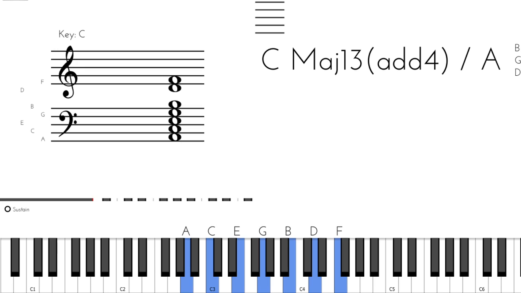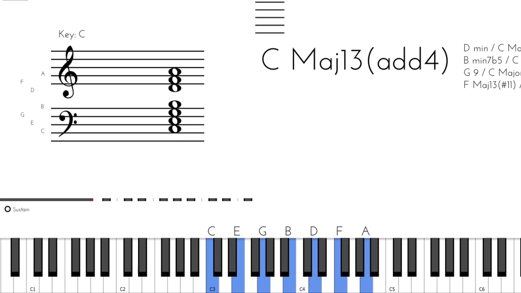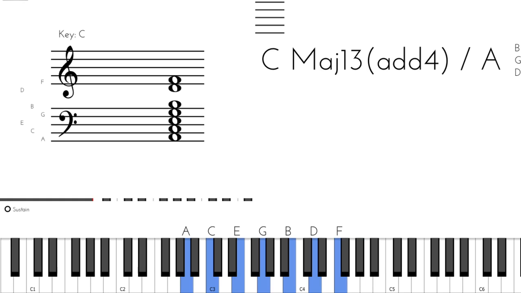It's just about a semantical thing. But ideally, when you move this note here, this is A. When you move it here, you get a C major 13th. So I think the display is just making it so they've written C major 13th over A.